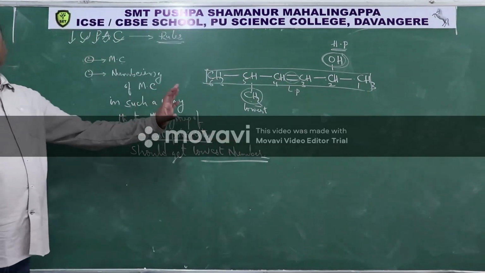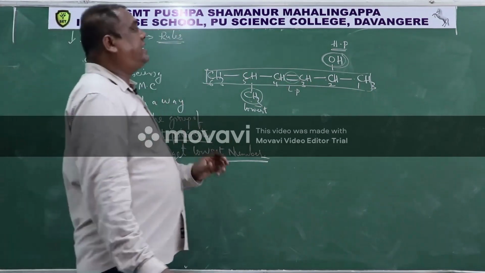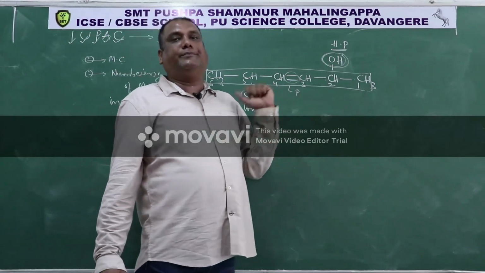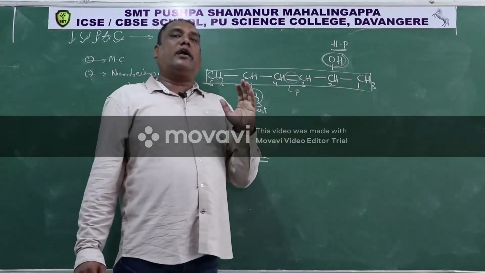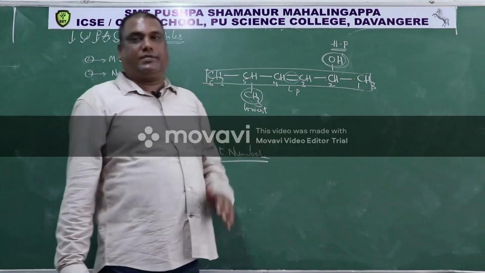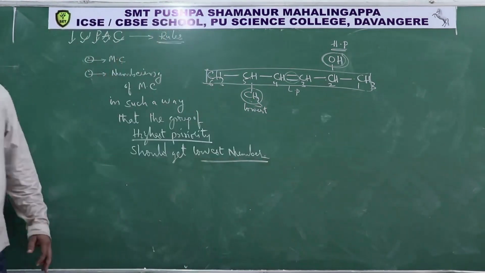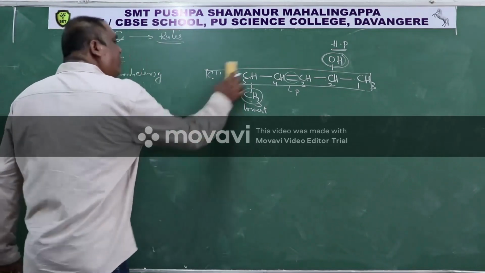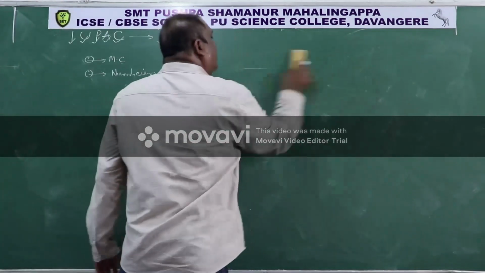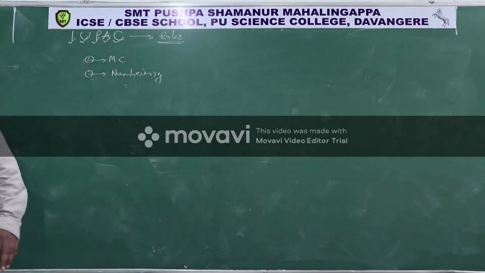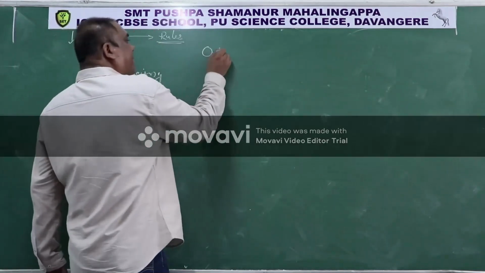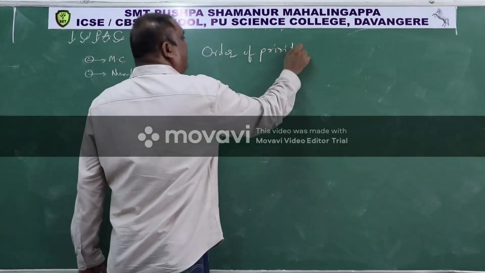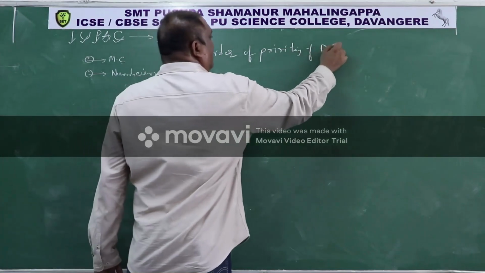This is how I have to give numbers. But how do you know which group is of high priority and which group is of low priority? For that you should know the order of priority of different groups. After knowing the order of priority of different groups, then only we can give numbers.